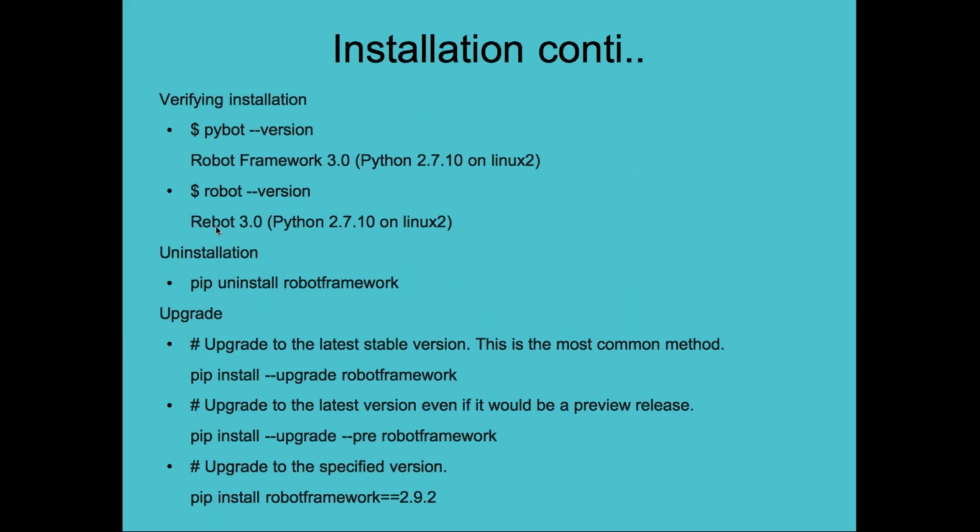Using these two, you can execute a Robot script, and you can even see the version. pybot --version. Here it is giving the version: Robot Framework 3.0.2 and Python 2.7.10 on Darwin.